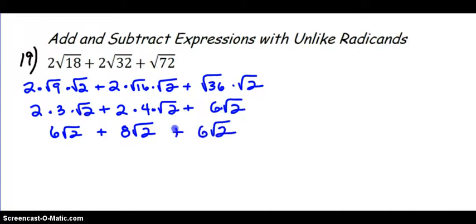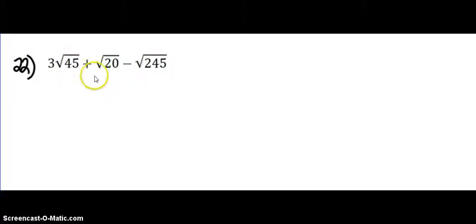And now you notice in our last line, we were able to simplify each of these terms to a radical that all had 2, which means we can now add these the same way we did in the previous slide. 6 plus 8 is 14. 14 plus 6 is 20. So our simplified answer is 20 root 2.